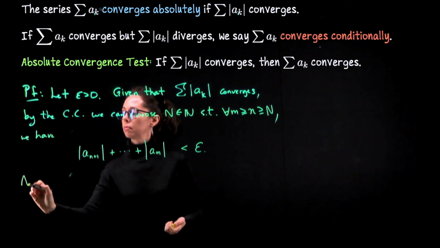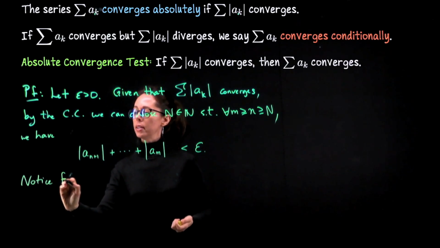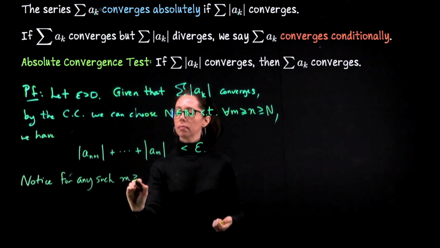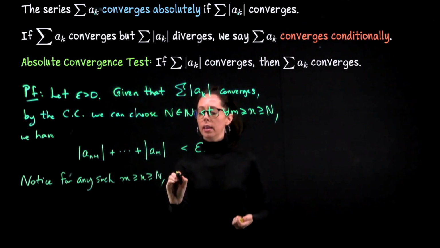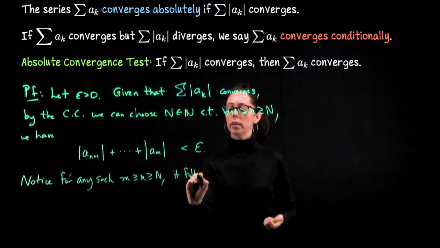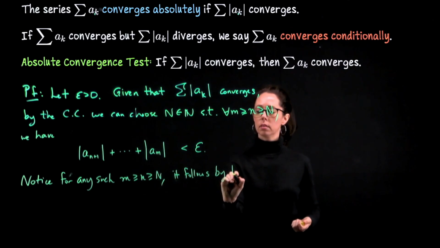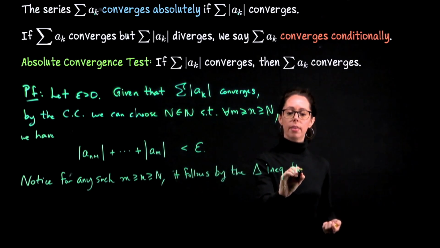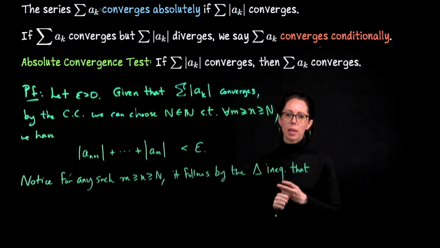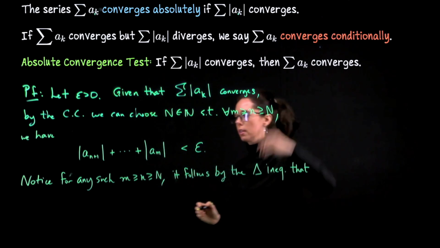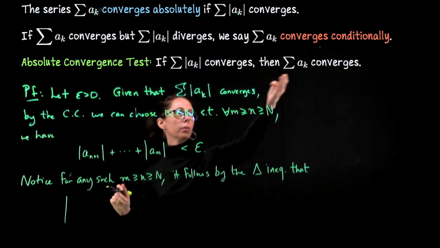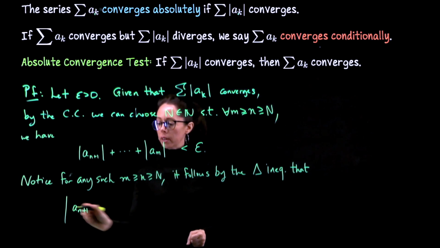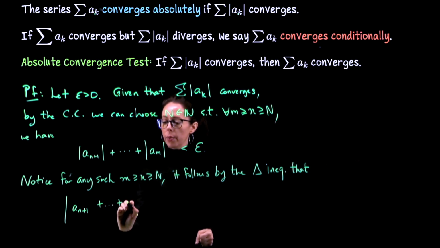Notice, for any such pair of indices, it follows by the triangle inequality that if I look at the same kind of sum construction, but for this series, we do need those absolute values because we don't know if these terms are positive or negative. So we would have the sum starting with n plus 1 and going up through a sub m.